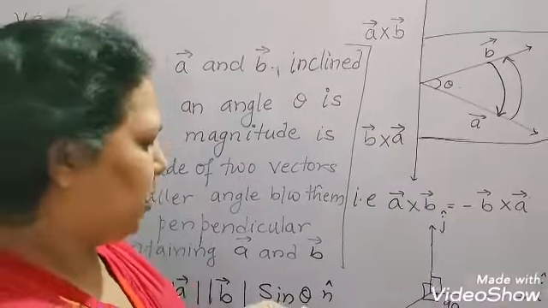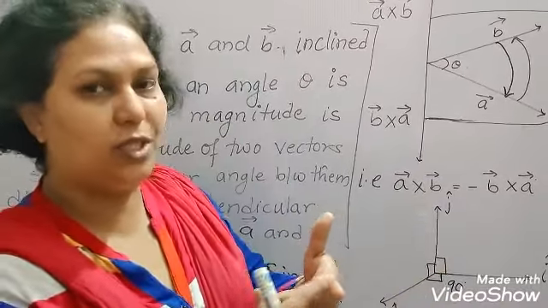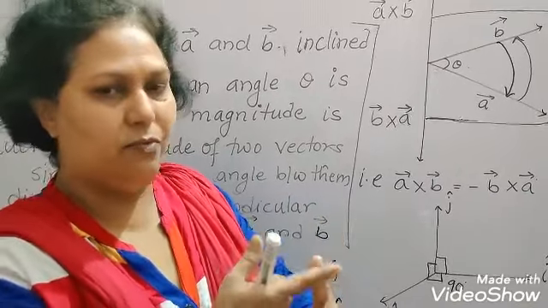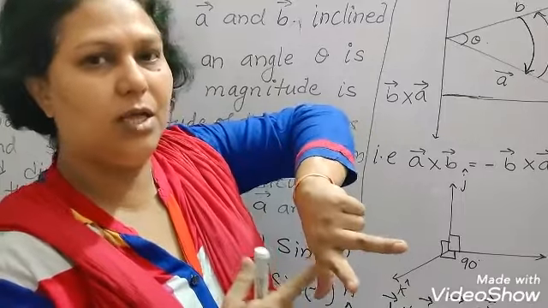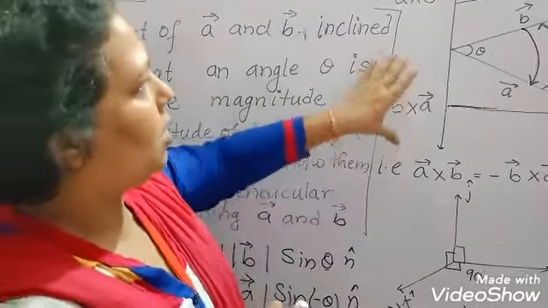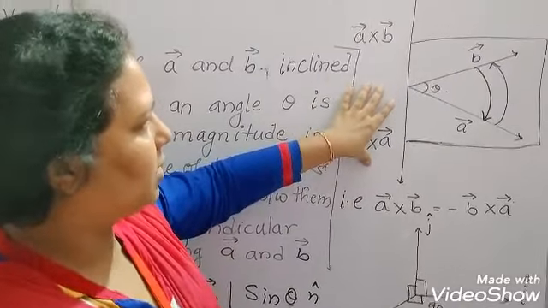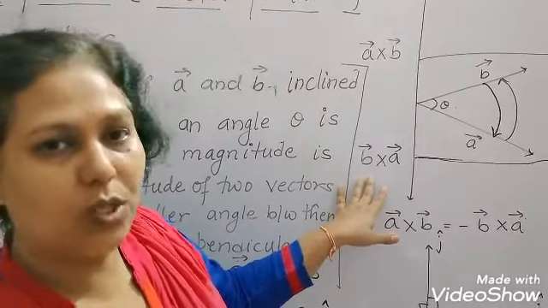Like in Fleming's rule also, if we change the order of these two, once we find it upward, now we find it in the downward direction. So in the cross product, A cross B is not equal to B cross A.